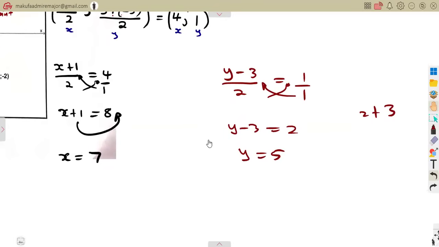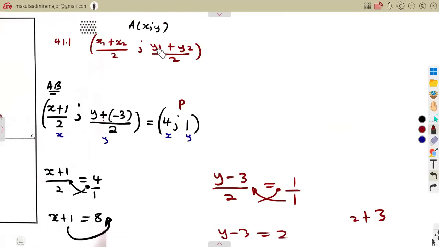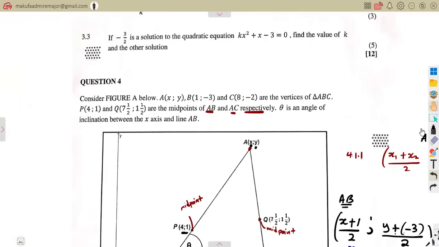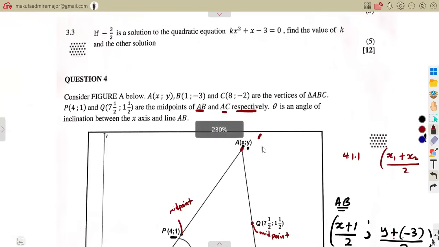I have the X and the Y value at point A. So therefore, our point A, X being 7, Y being 5. So we've got the point A, meaning we can also write it down for later use.